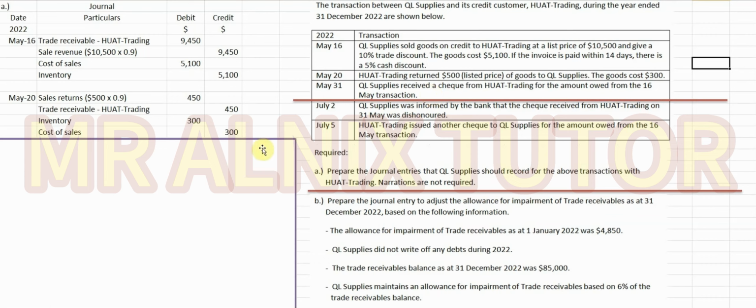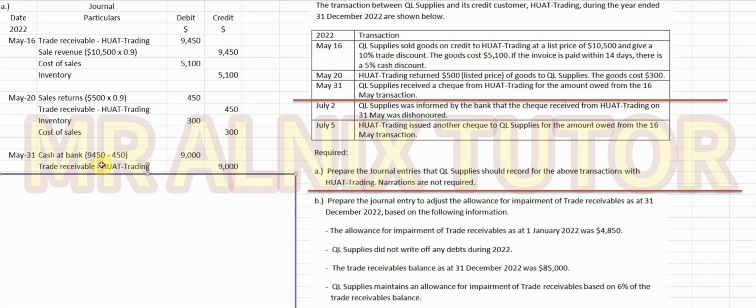You need to calculate like this: 9,450 minus 450. By right What Trading needs to pay you 9,450, but unfortunately halfway What Trading returned something to you, so you need to minus it out. That's why at the end What Trading issued a cheque to you of 9,000.